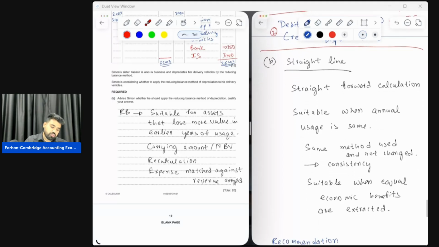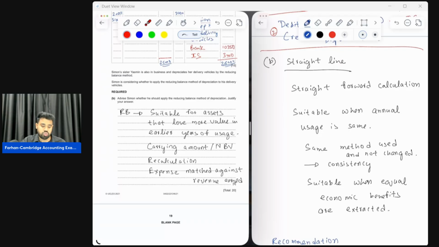When we start with the reducing balance method, it is more suitable for assets which we expect to use more in the earlier years of usage. In this case, we are working with delivery vehicles, but this is more suitable for technological items. Whenever a new phone comes out, for instance, you get excited and you can extract more benefits, or whenever a new technological device comes out, a new iPad or a new computer or a new microphone or a new camera.